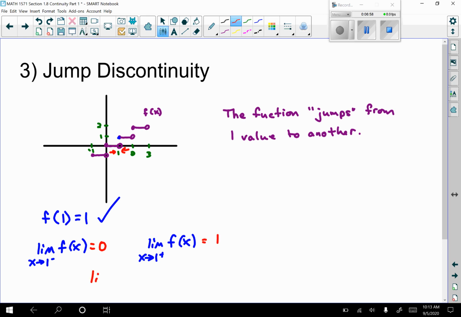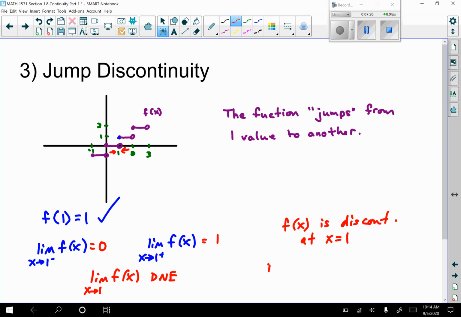So the limit of f of x as x approaches 1 does not exist. So here I would say that this function, f of x, is discontinuous at x equals 1. Now, I just chose one part. This repeats, so it's actually discontinuous for all integer values, but if I were just to ask you, is this function continuous at x equals 1, we would say no.